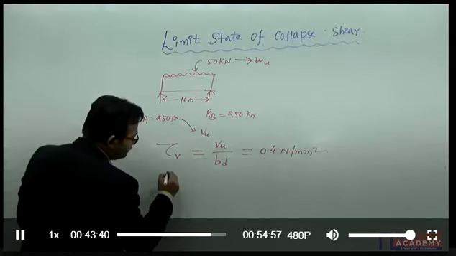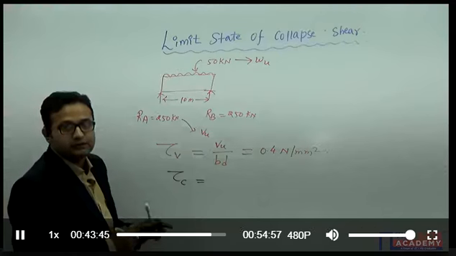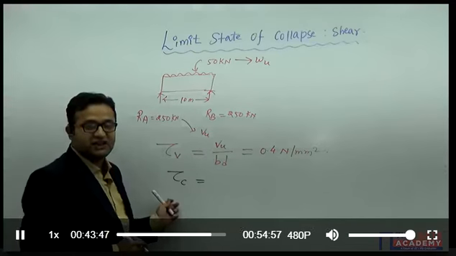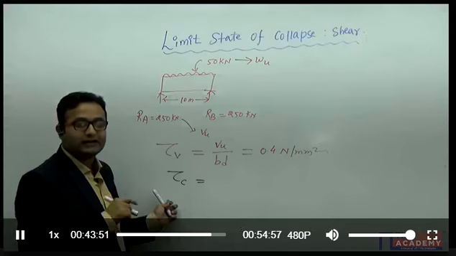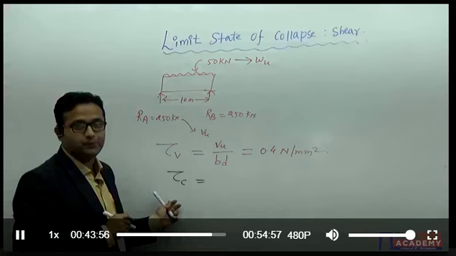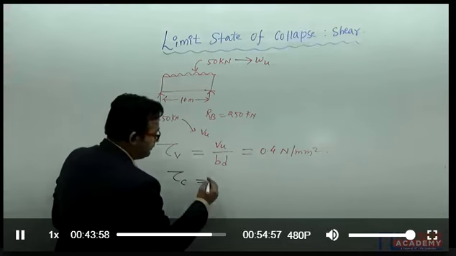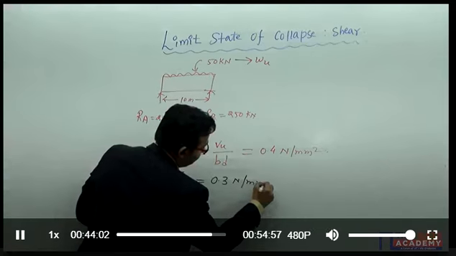And the tau c which I have provided, tau c means the shear strength of the concrete without shear stirrups, depends upon the grade of the concrete and the percentage of Ast, is suppose 0.3 Newton per mm square.